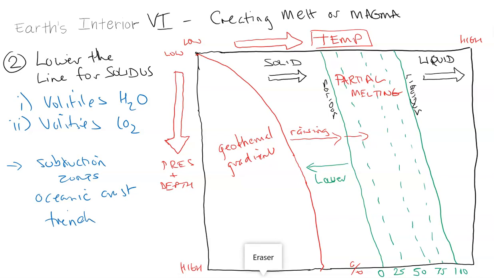We have that addition of ocean water in small amounts being squeezed and drawn into the rock during subduction, and that inclusion of water and dissolved gases and volatiles is going to lower the solidus and start melting the rock at a lower temperature, as opposed to raising the geothermal gradient.